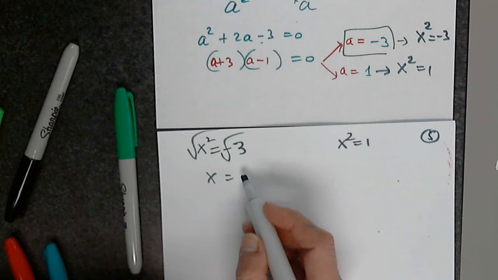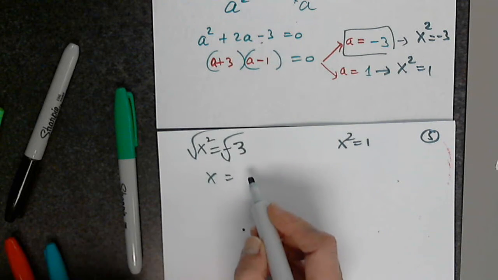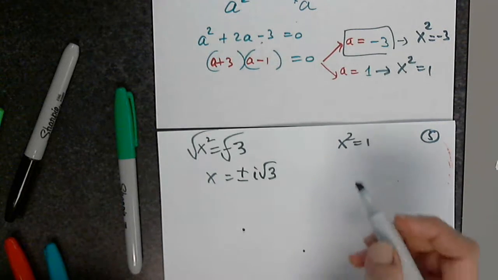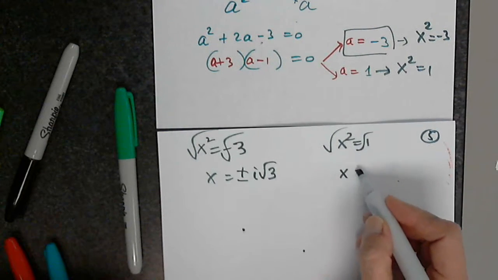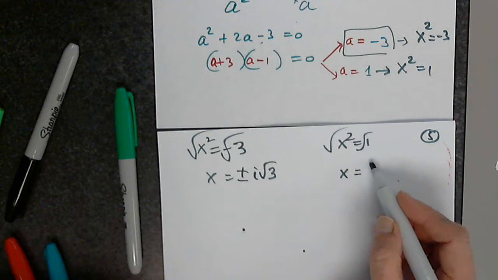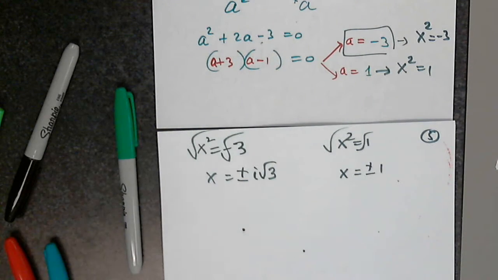I will not get all solutions if I forget something. That's why I said it, in the hope that you will not forget. So now x equals? Right. And we have those 4 solutions: plus or minus 1 and plus or minus i square root of 3.